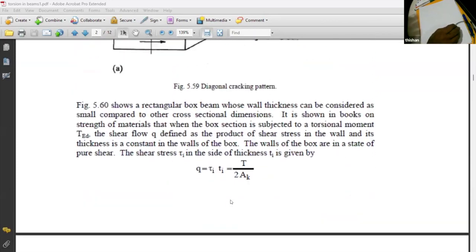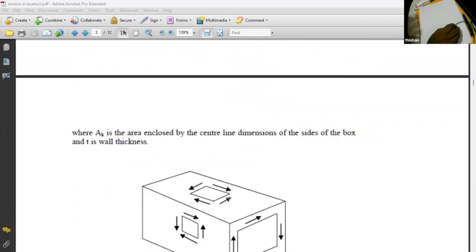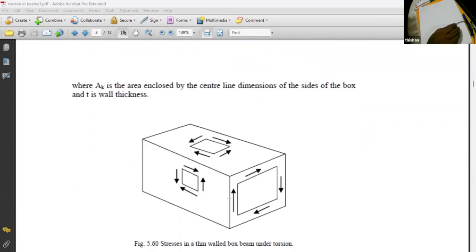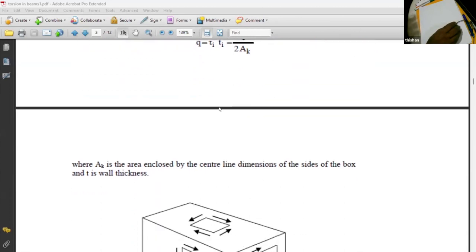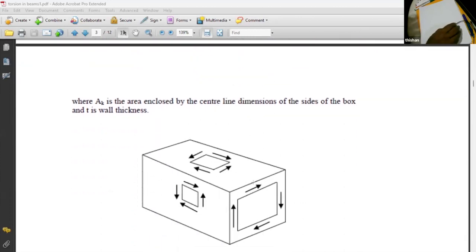Right. Now we will look at this particular situation, and we'll also look at this particular equation. q is the torsional shear stress multiplied by thickness, and q is the torsional shear flowing around it.